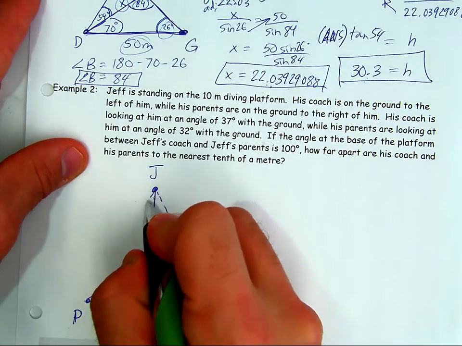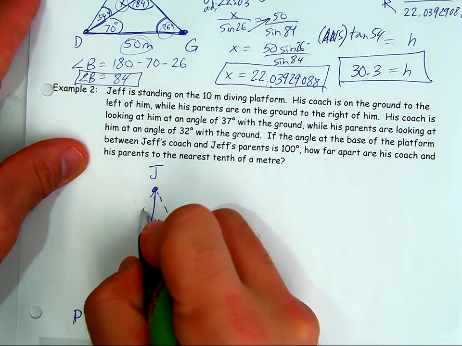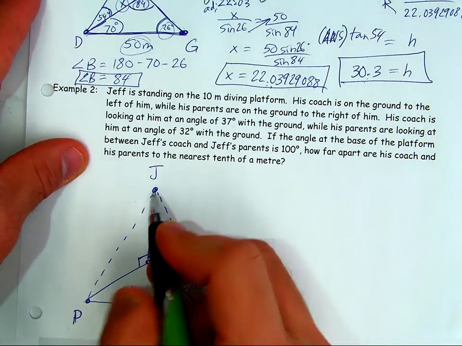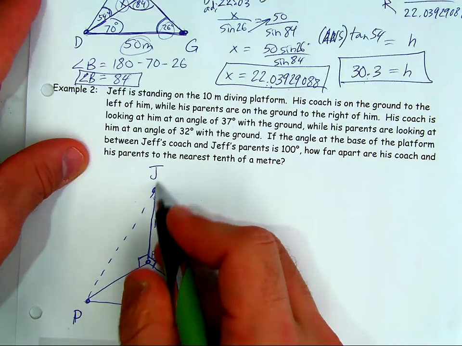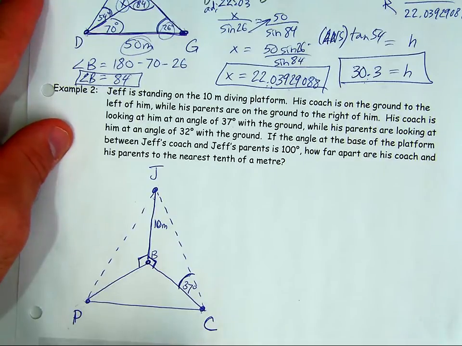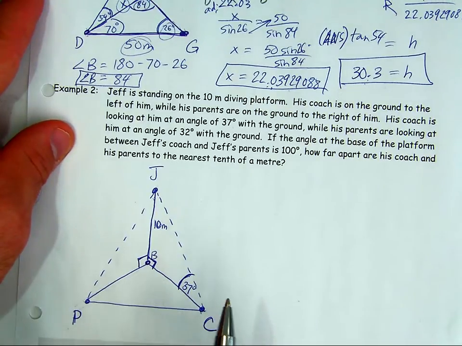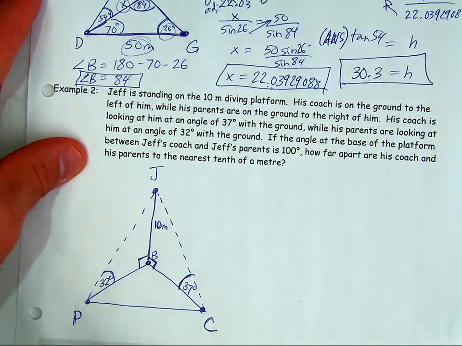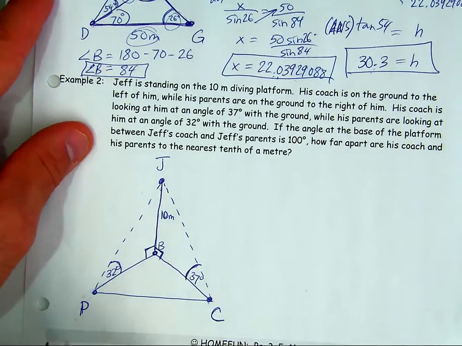His parents are looking at him from the other side, and again, this is also a 90-degree triangle coming out of the ground, because this is a pole going straight up, and this line is coming out of the page towards Jeff's parents. So it's still a 90-degree triangle, just not drawn flat. It's hard to draw a three-dimensional shape on a flat piece of paper. And the parents are looking up at him at an angle of 32 degrees. Okay? So this is the information they give you so far.